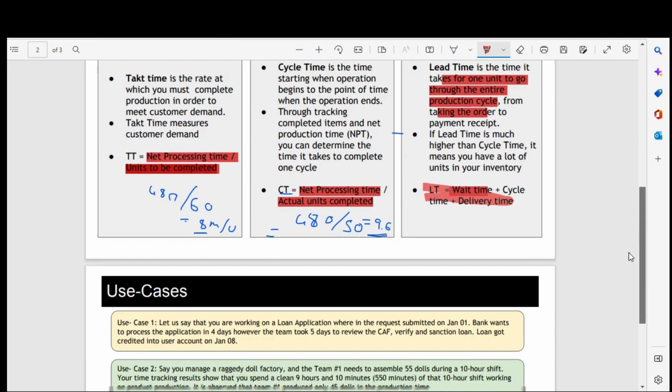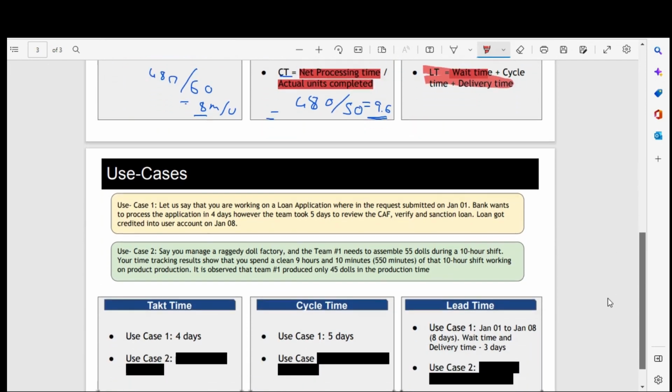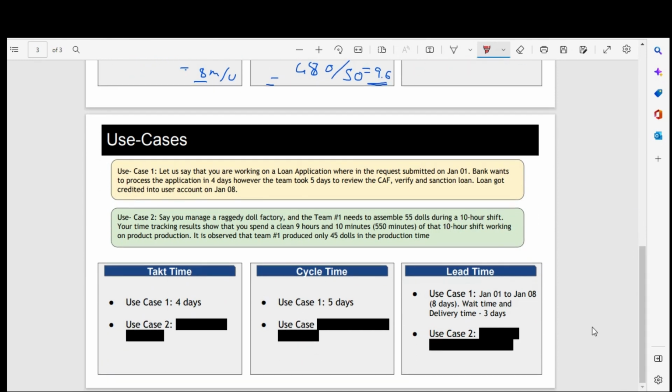For better understanding of lead time, takt time, and cycle time, we have put together use cases where we calculate takt time, cycle time, and lead time. Let's look at use case 1. It says, let's say you're working on a loan application wherein the request was submitted on January 1st, and the bank wants to process the application in 4 days.